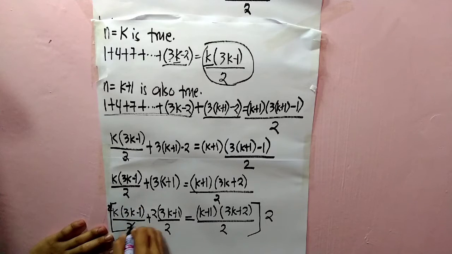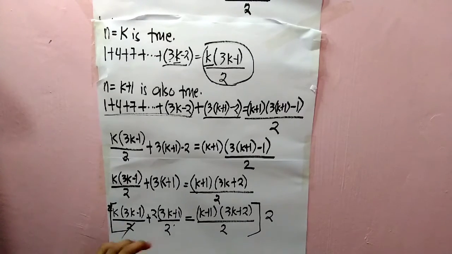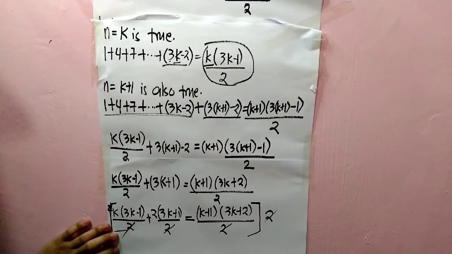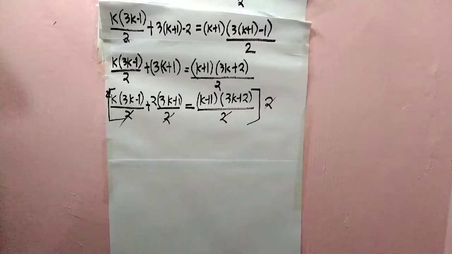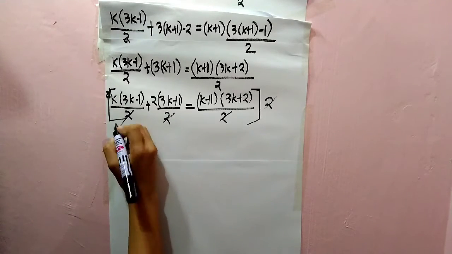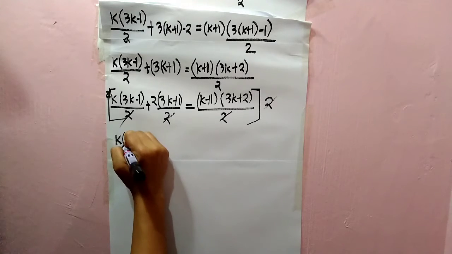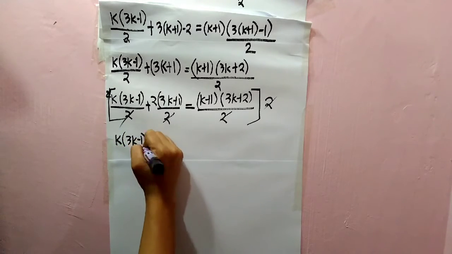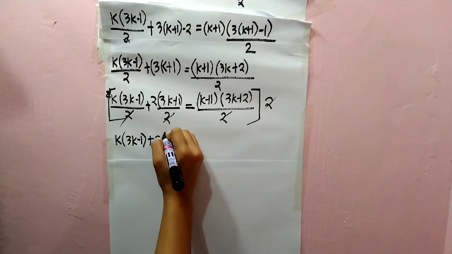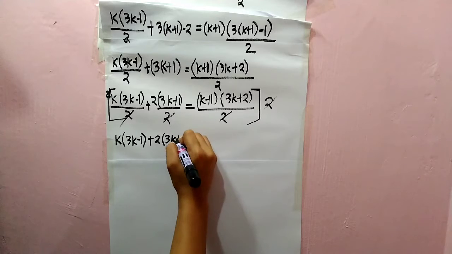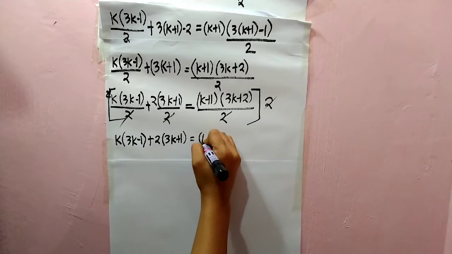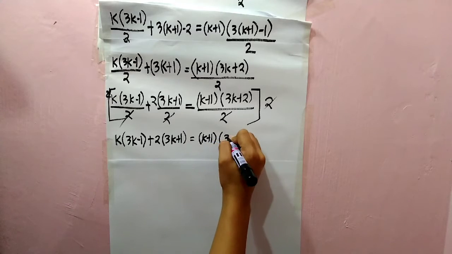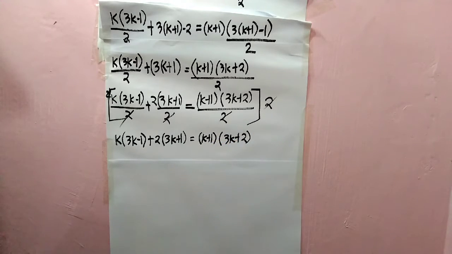So, cancel. So we have the remaining k times (3k minus 1) plus 2 times (3k plus 1) equals (k plus 1) times (3k plus 2).